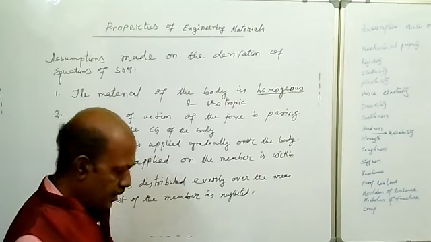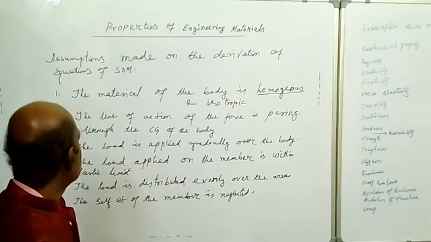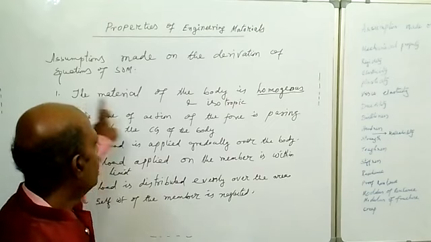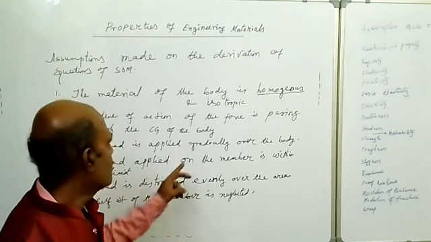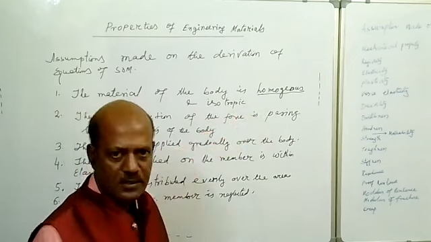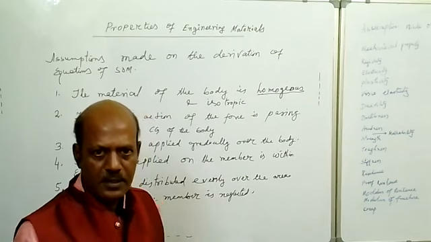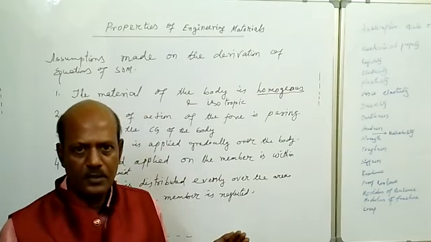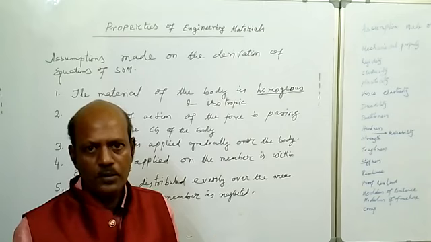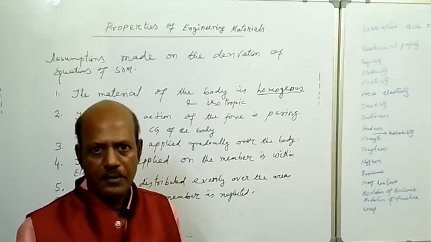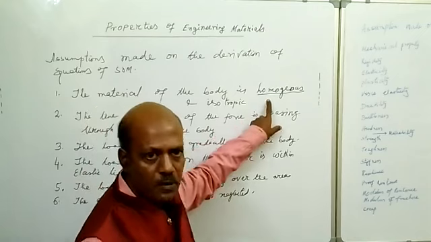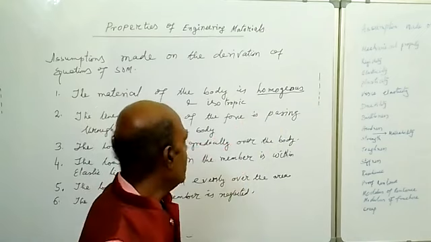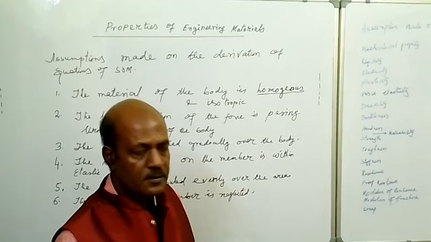Now, the various assumptions. The first assumption: the material of the body is homogeneous and isotropic. If we consider homogeneous, that means the chemical composition throughout the body is the same. At every point the chemical composition of the body is the same, then the body is said to be homogeneous.